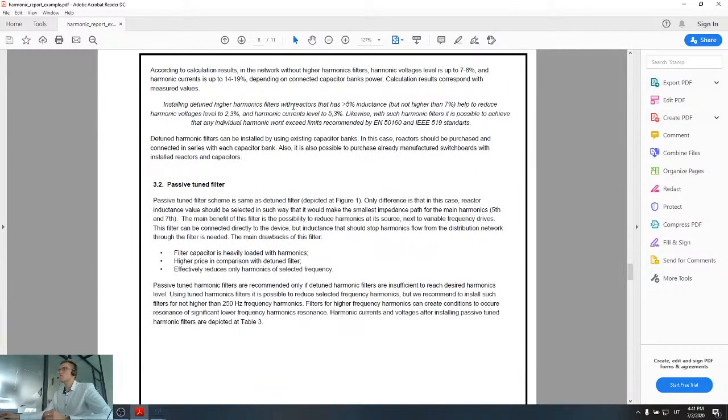We explained that the recommended solution to the harmonic problem is the detuned harmonic filter, and this allows reducing all the harmonics to reach permissible limits.